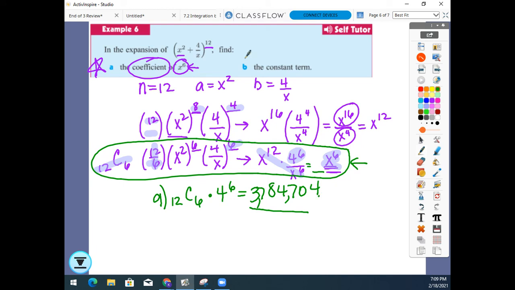Okay, part B then says, how would we get the constant term? Now, typically your constant term's at the end, but let's think about how we were manipulating these two pieces. My constant term's going to come when the numerator is going to be the same as the denominator, because then I'll get x to the 0 and I will just be left with our constant. There will be no x part of that.